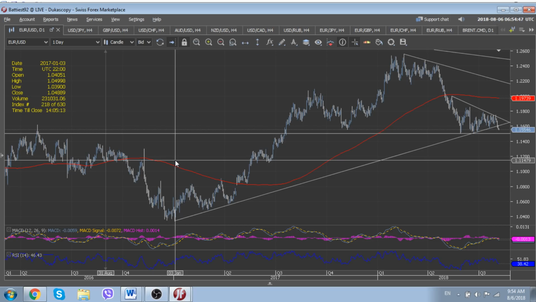But let's be honest. We should understand that of course during the August period we eventually could test the critically important support barrier 115 and probably undershoot it.